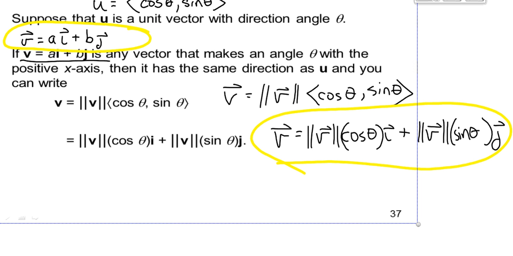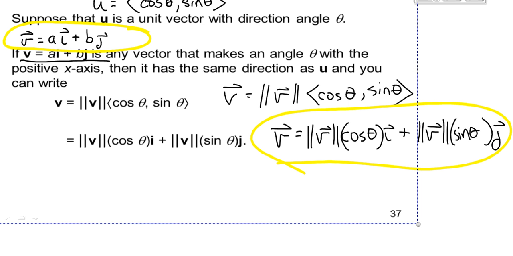So what does a equal in both of these? Because if it's a unit vector, a would be cosine theta. But if it's any vector v, what's a equal? The magnitude of v times cosine theta, and then b is the magnitude of v times the sine of theta.